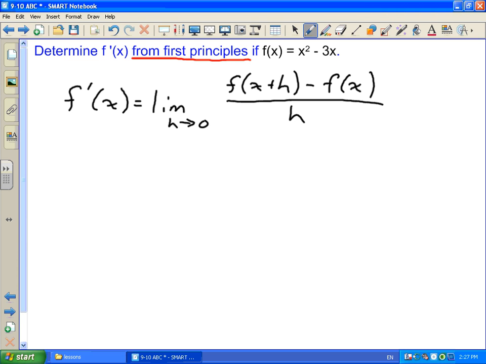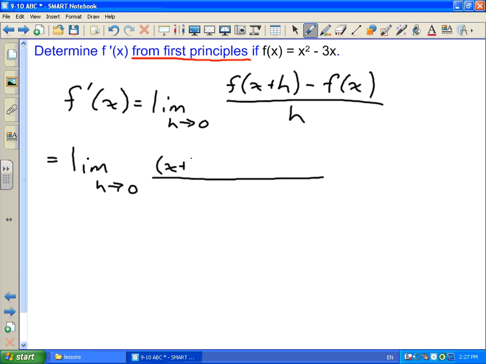Okay, so let's look at how we would do this here. We don't have a specific value of x that we can sub in, so we're just going to have to work with the definition of our function here. So we're going to have the limit as h goes to 0. And first off, we want to evaluate this function at x plus h. So everywhere that I have an x in that, I'm going to put x plus h.